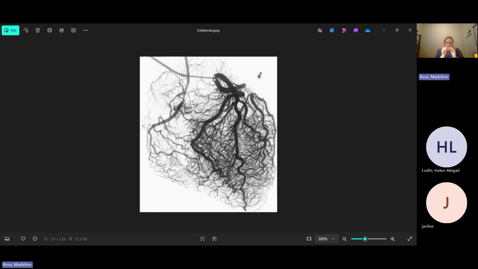So keep in mind, this is not one specific area. It starts around the vessels and goes all the way around. So it's starting to grow around to the right side of the heart where it's not getting as much perfusion. This is really cool because it literally is your body saving itself.